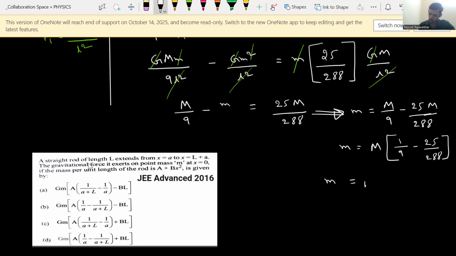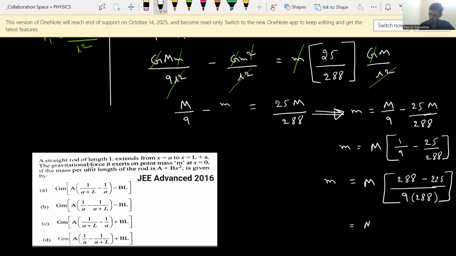So m equals to capital M into, what we can take common here, this is 9 into 288. Just cross multiply the values. So this becomes 288 minus 25 into 9. Let me calculate. A very lengthy question here. This is 25 into 9, 225.